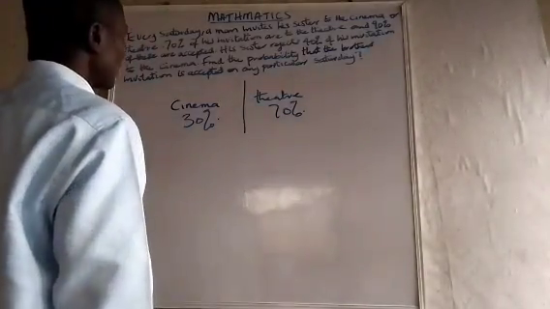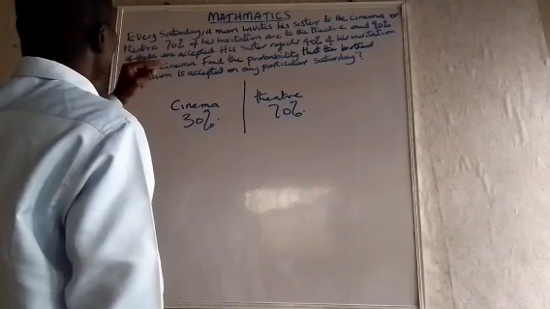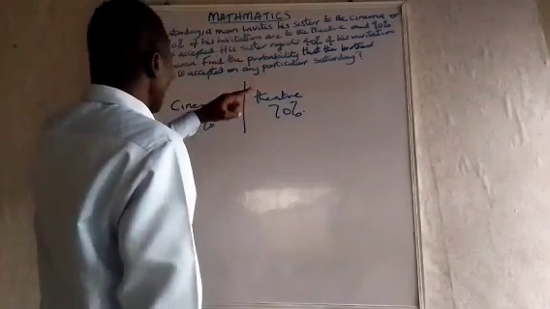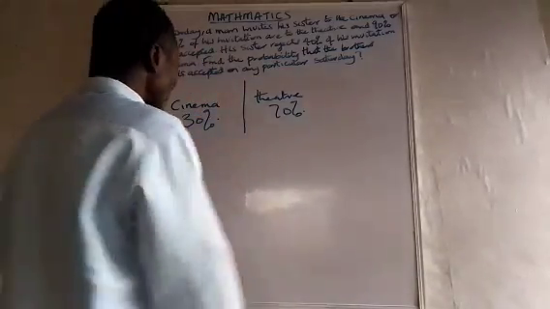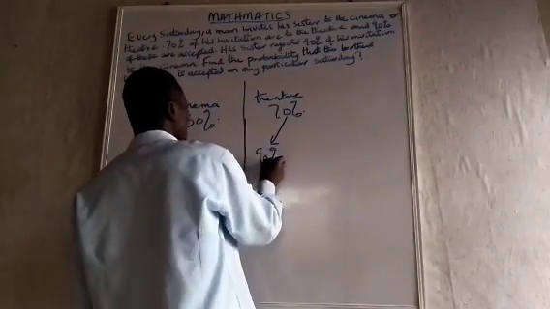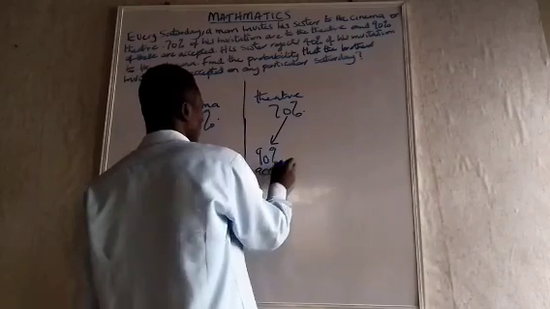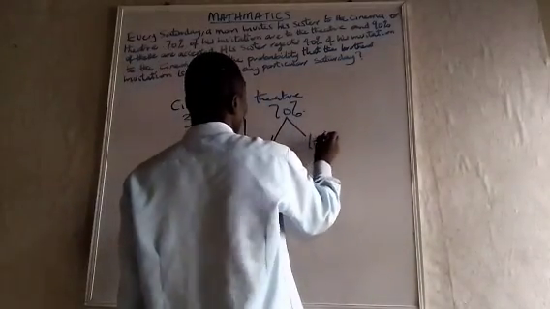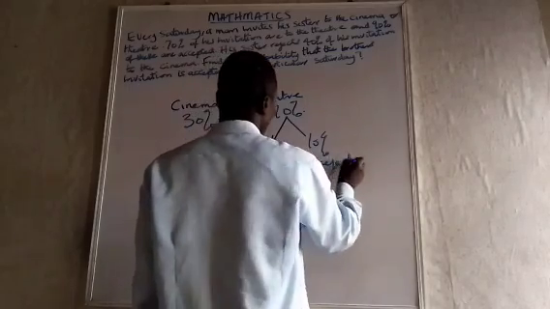And you are now told that 70% of his invitations are to the theater, and 90% of these are accepted. So out of this, 90% is accepted. At the same time, it means that 10% is rejected.